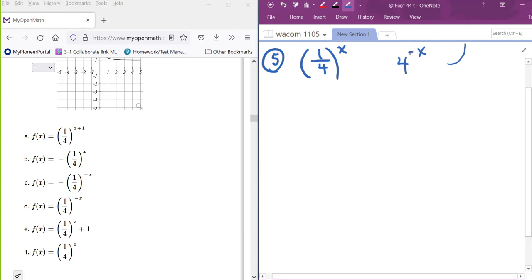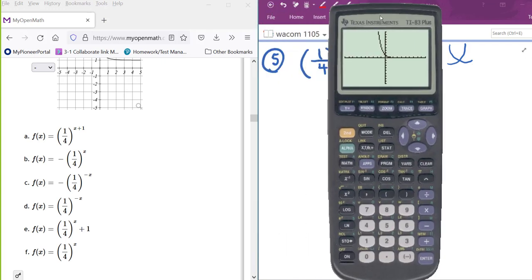This negative up with the x makes it flip across and go this way. So I just wanted to point out that relationship. That is what putting this fraction in for a base does. And so f, pull our calculator back up. There you go.